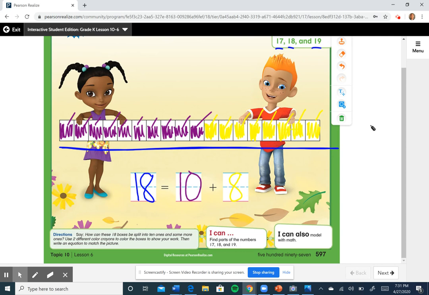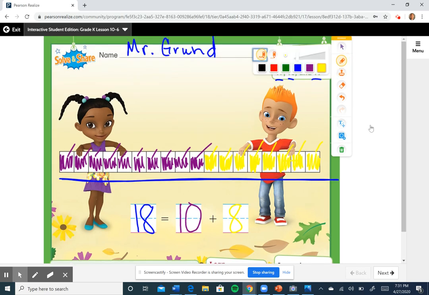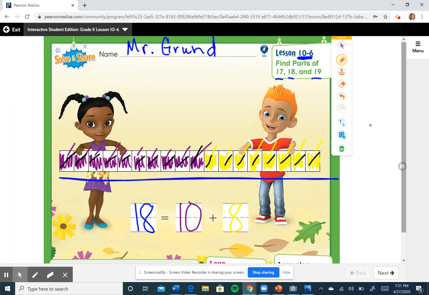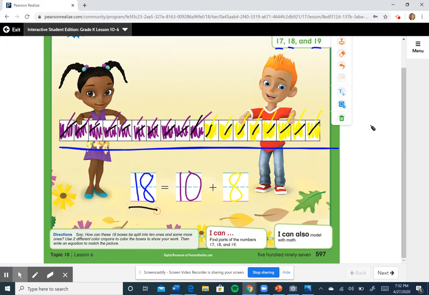Now I'm going to count all of them again just to make sure that I have 18. 1, 2, 3, 4, 5, 6, 7, 8, 9, 10, 11, 12, 13, 14, 15, 16, 17, 18. All right, I do. So perfect. That works out. 18 equals 10 plus 8.